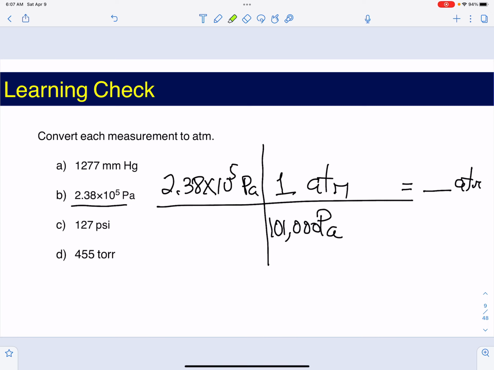So this is nothing more than 2.38 times 10 to the 5th multiplied by 1 divided by 101,000. And double check that number when you see your table. Hopefully my memory is working right.